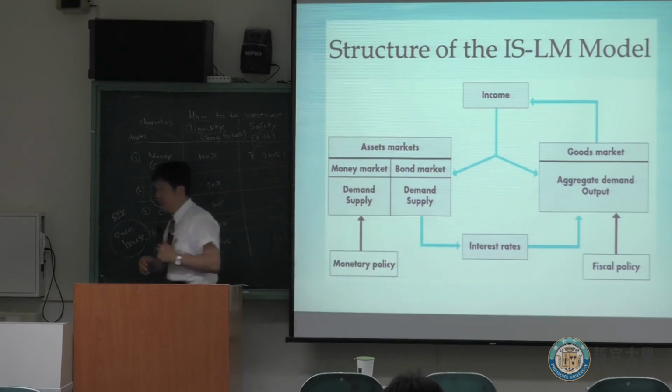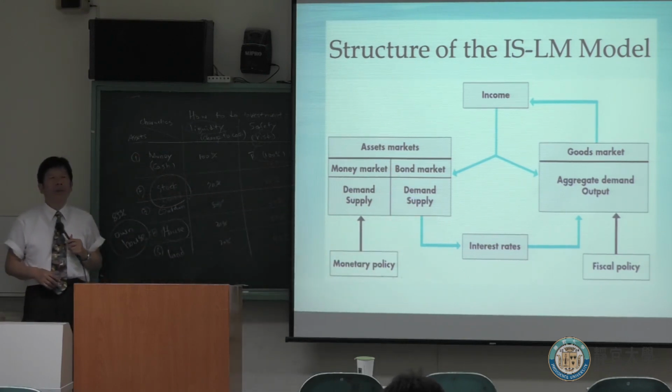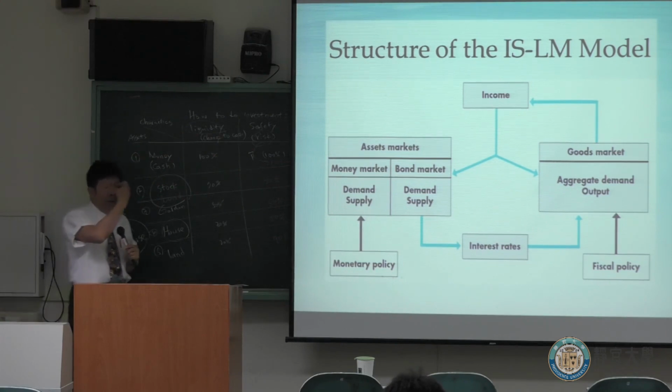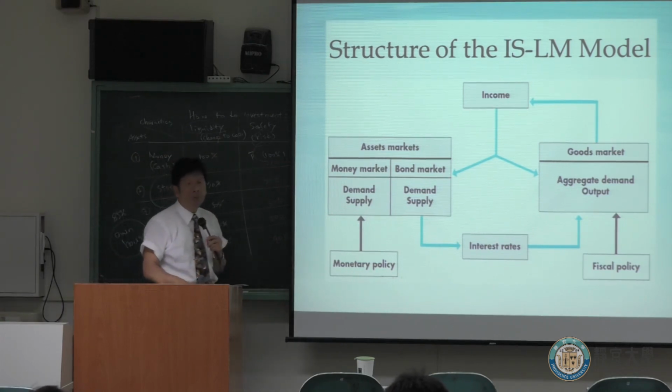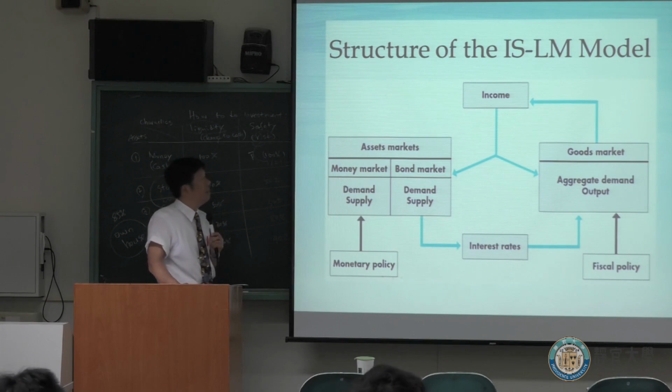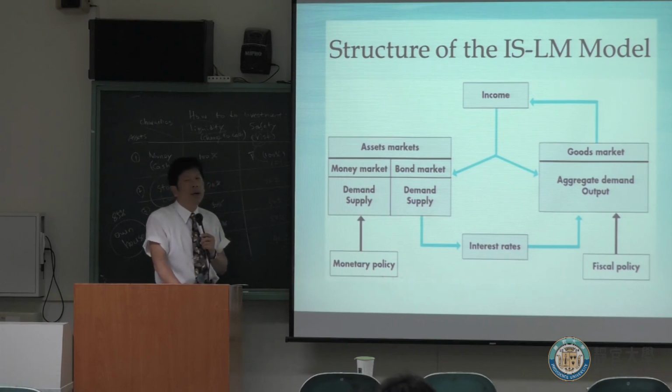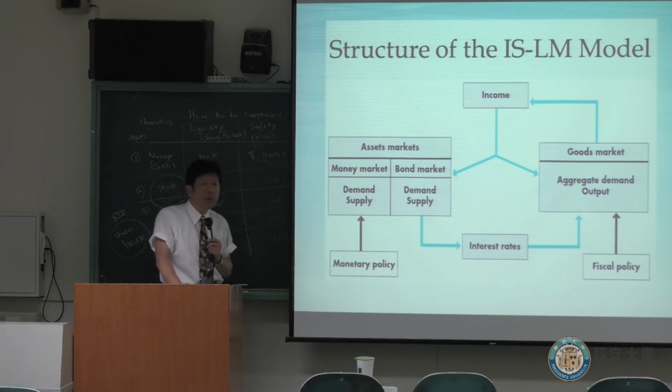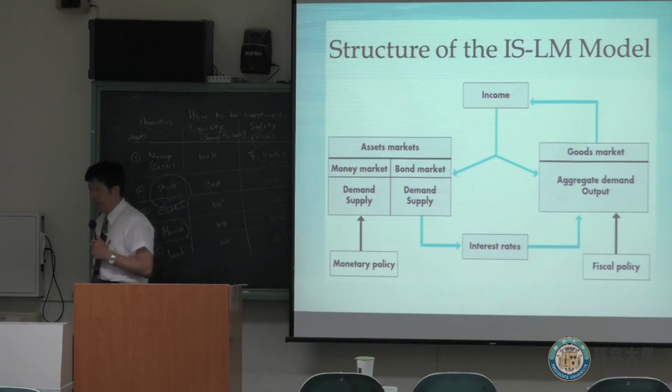This is the story where they wanted to modify Keynes, because Keynes's liquidity preference also got some trouble. So Hicks and Hansen modified it and created the IS-LM model for macroeconomics.